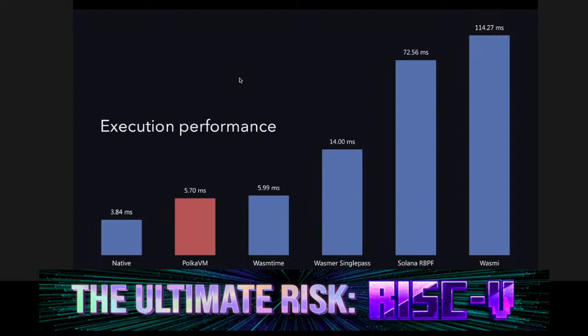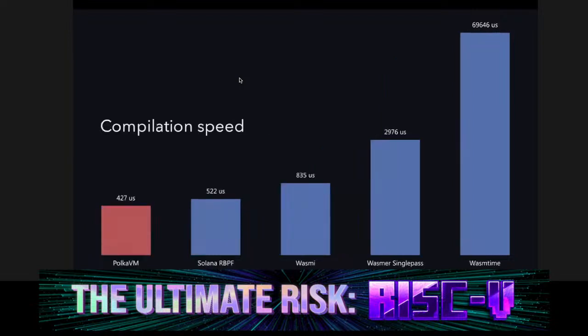time performance. So how long does it take to translate a program from RISC-V into native code? And we're also pretty good here. We are in the first place with 427 microseconds, and the second best is Solana.